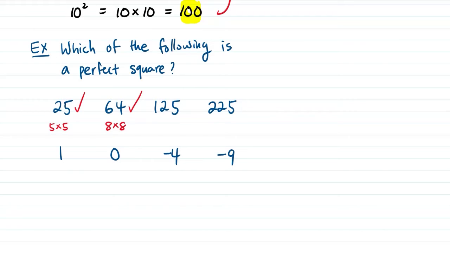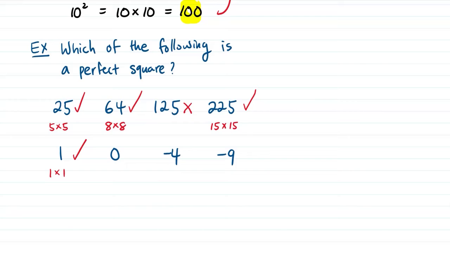125, there is no number that gives us a product of 125 when we multiply twice, so this is not a perfect square. 225, that is also a perfect square because 15 times 15 is 225. Number 1 is 1 times 1, which is a perfect square, so that is good.